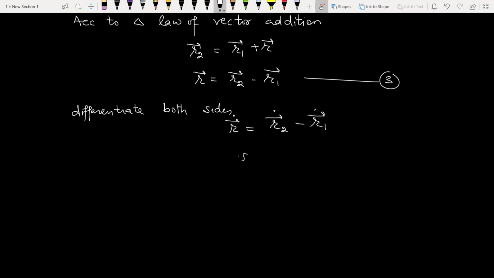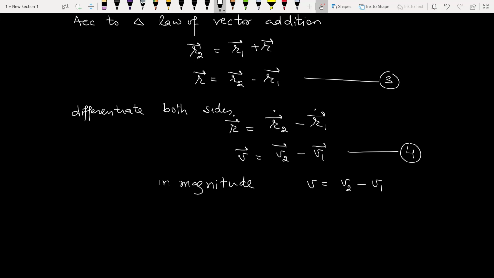This is the relative velocity vector of the second particle with respect to the first particle. r dot is v2 minus v1. We mark this as equation number 4. In scalar format as well, in magnitude, we can write v equals v2 minus v1, equation number 5.